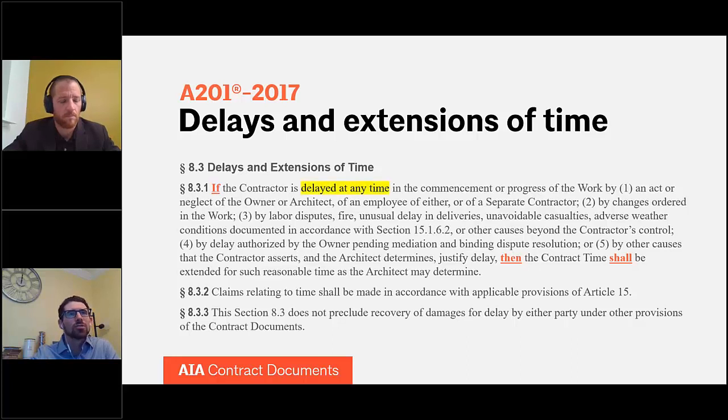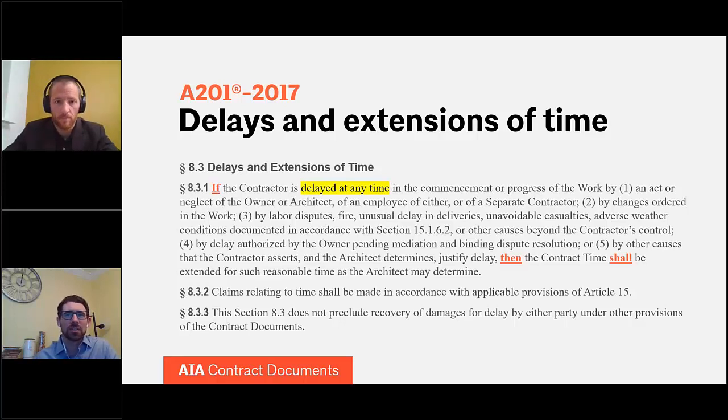So first, if you're a contractor and you've been delayed, for example, you want to look at section 8.3.1 and how it works. The if is: if the contractor is delayed at any time. That's the first if portion of this sentence, highlighted in yellow on your screen. If the contractor is delayed at any time, and then the next phrase is in the commencement or progress of the work.